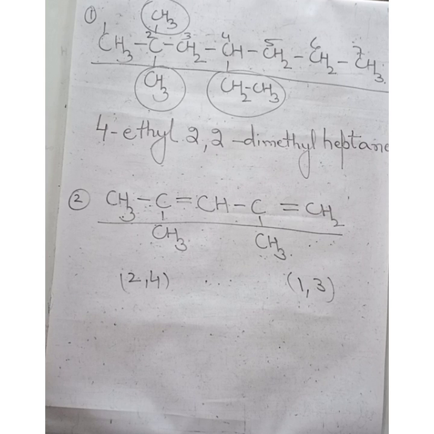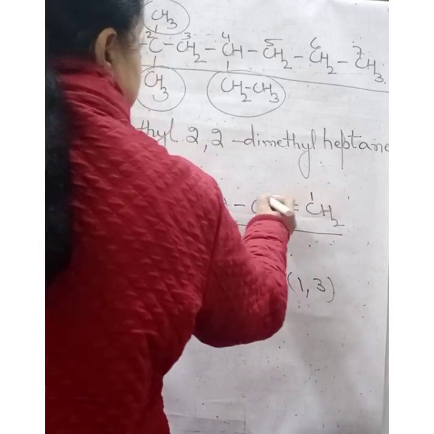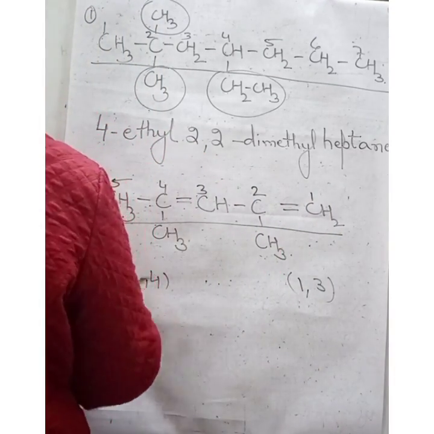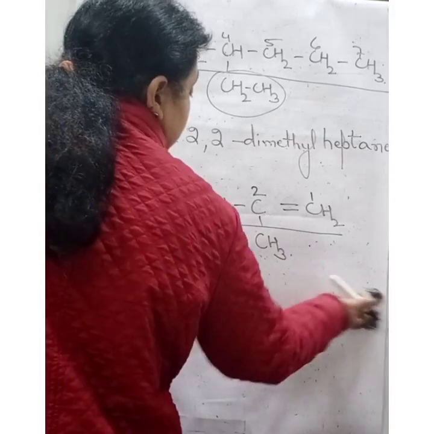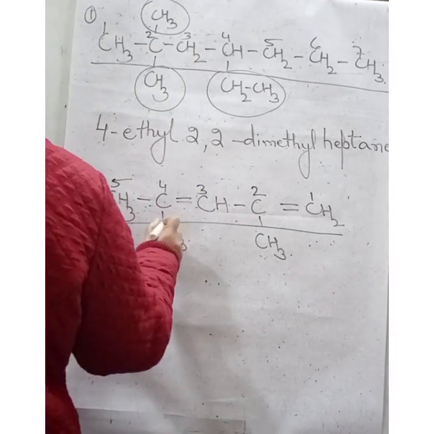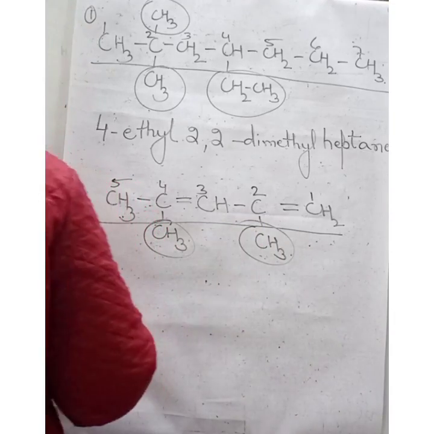So I have to select that side for numbering which has the lowest set of locants, right? Because we have to give the lowest numbering to the double bond. So I will start numbering from this side, 1, 2, 3, 4 and 5. If a double bond was not there, then we would have given preference to the substituents. Now, this and this are our substituent groups.